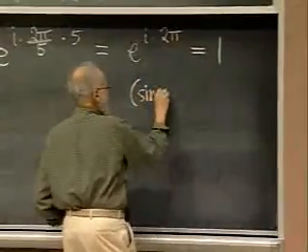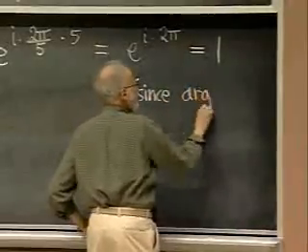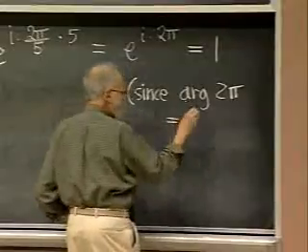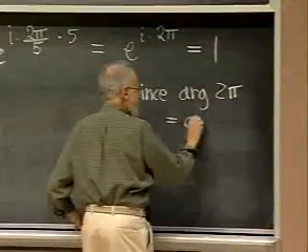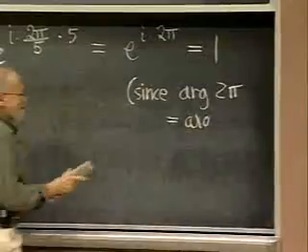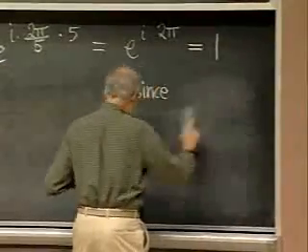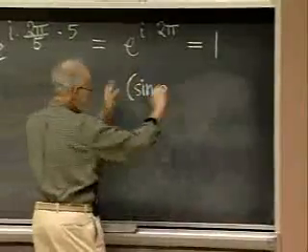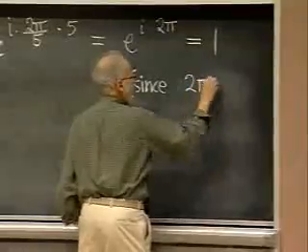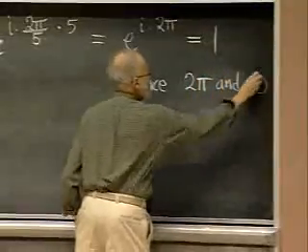Since the angle, the argument 2 pi, is the same angle as 0. Now, let's not write it that way. That's bad. No, it's wrong. It's just wrong, since 2 pi and 0 are the same angle.